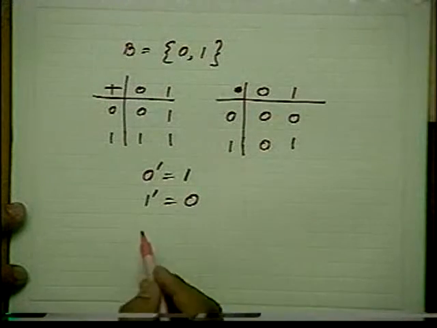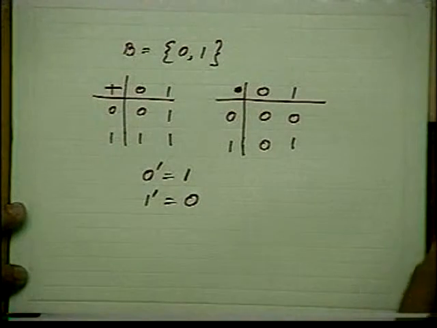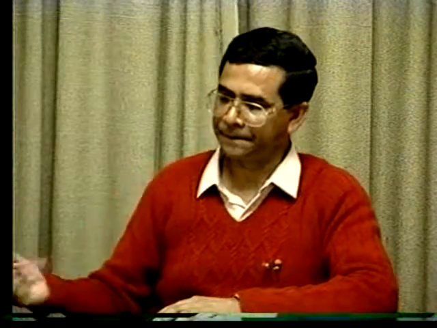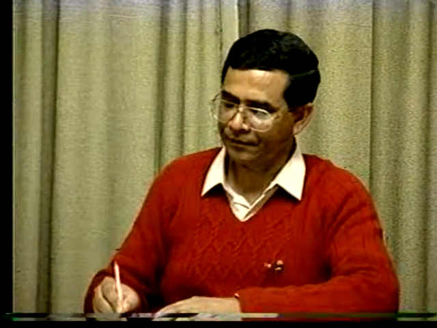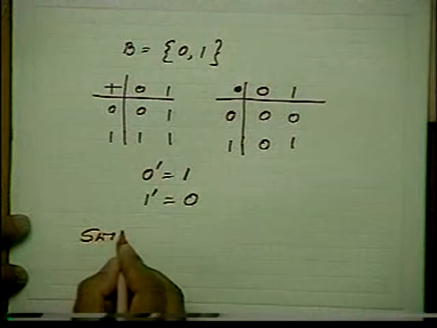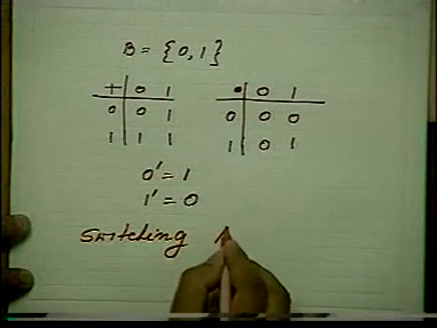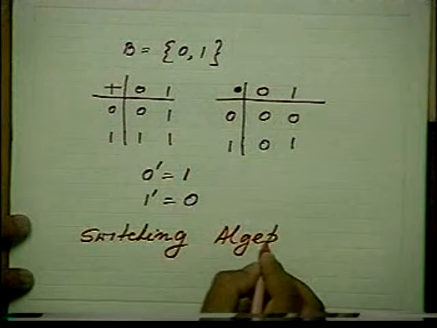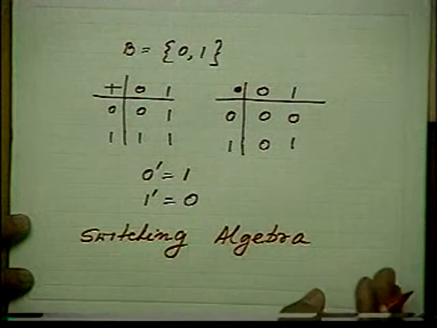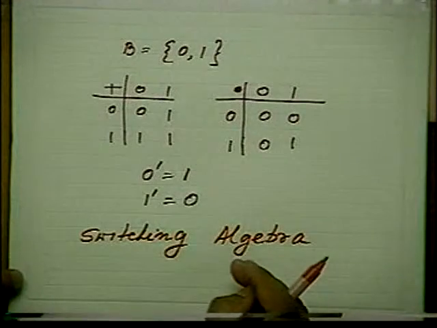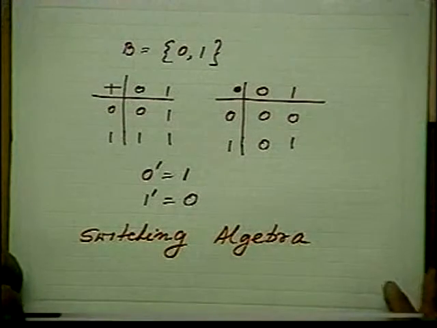This is in fact what we call a switching algebra. From now onwards, what we will be interested in is the switching algebra, which is basically a 2-valued Boolean algebra.